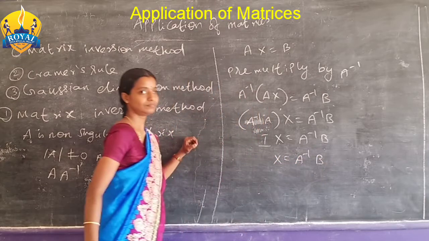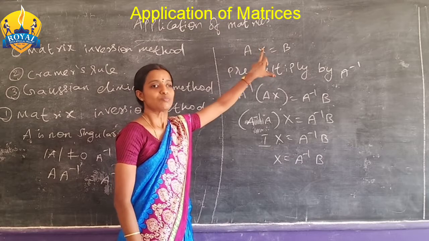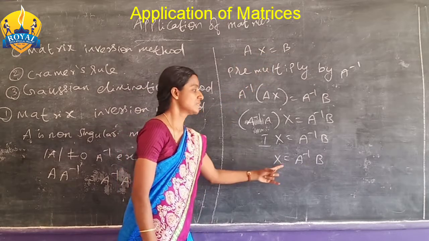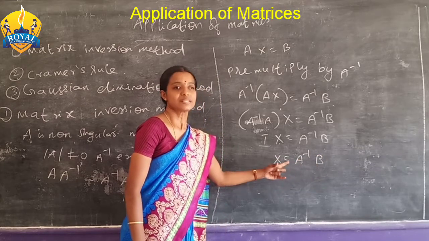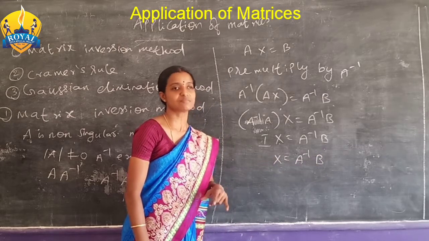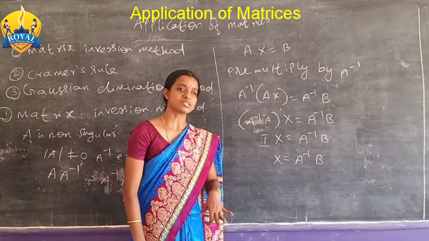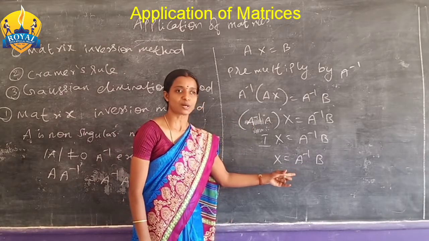So, if I have Ax equal to B, the unknown x that I am going to solve for is A inverse B. This is called the matrix inversion method. If two equations or three equations are given, you are going to solve using this formula.